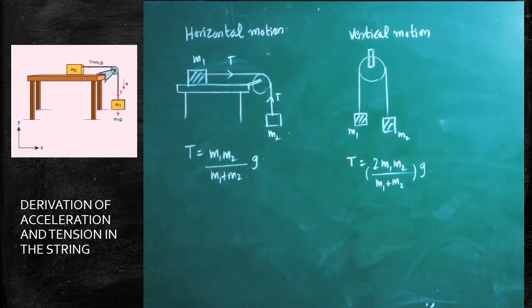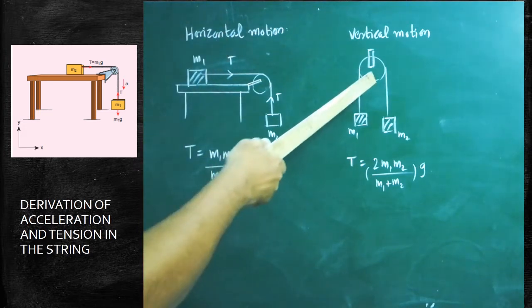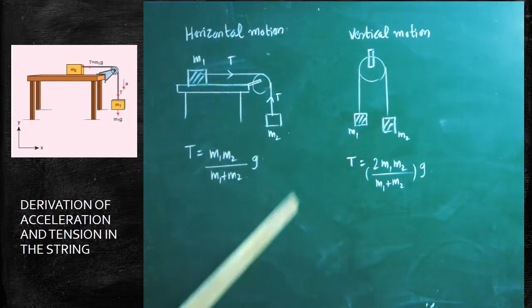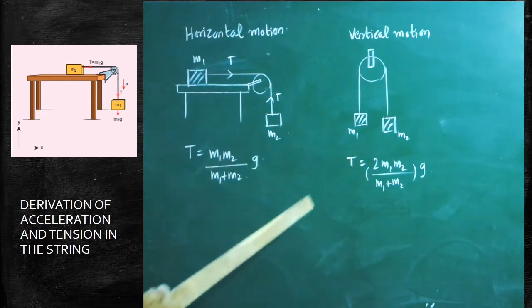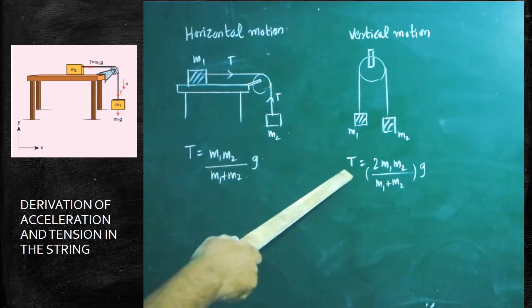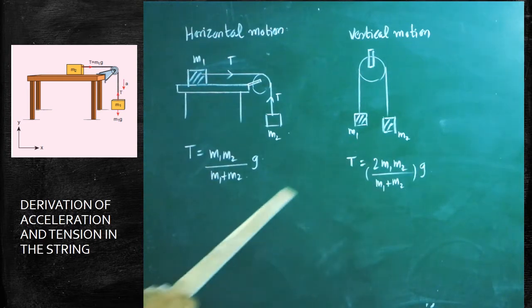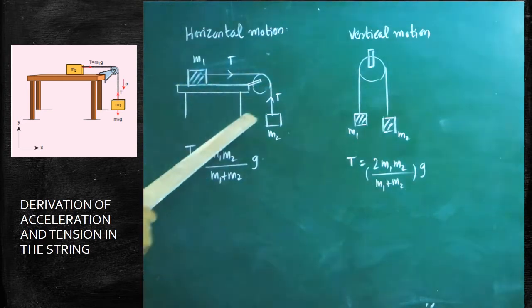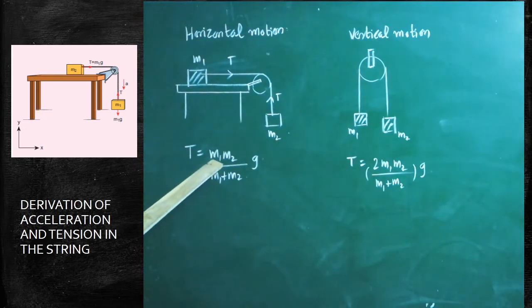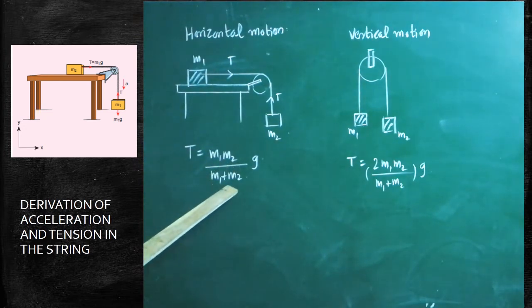Now already we have learnt about the movement of the blocks in the case of horizontal motion, and we have learnt about the vertical movement of the blocks also. Look at both the expressions of the tension. Here the tension expression is 2 m1 m2 g divided by m1 plus m2. Here in the case of horizontal motion of the blocks, the expression is T is equal to m1 m2 g divided by m1 plus m2.